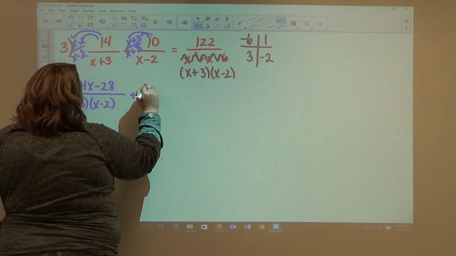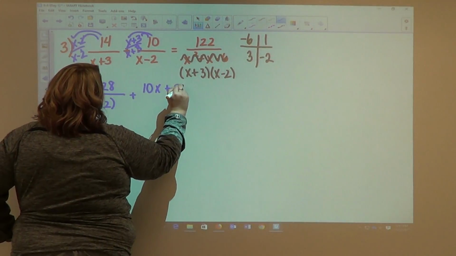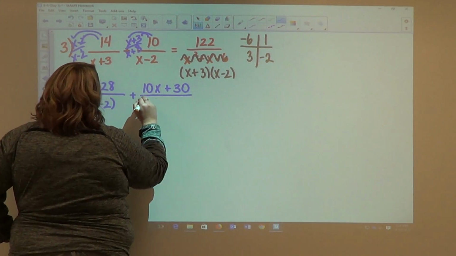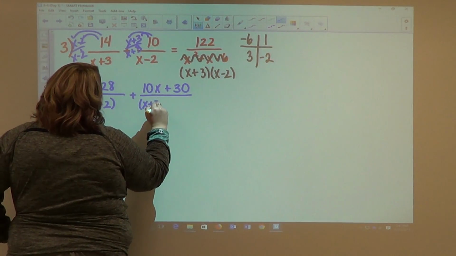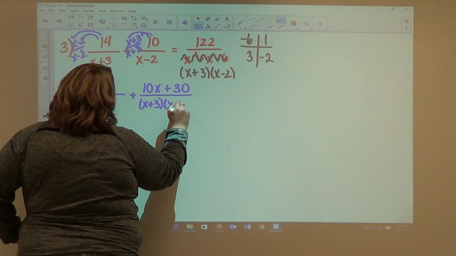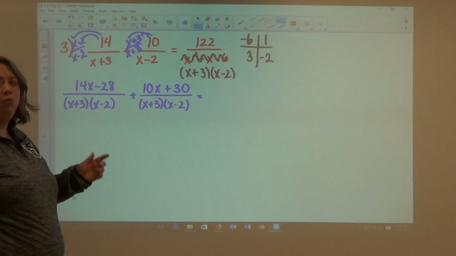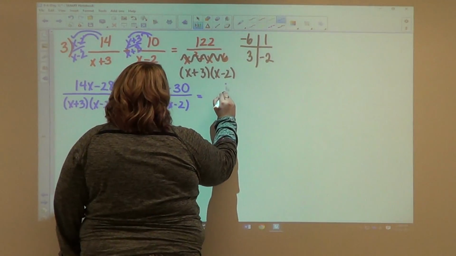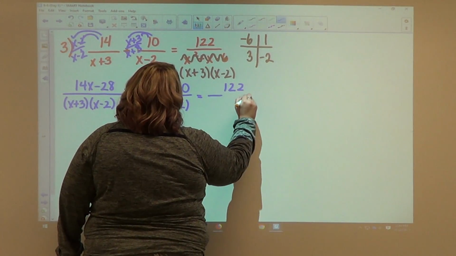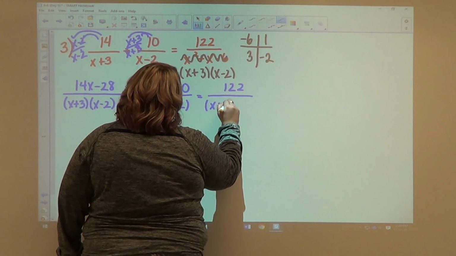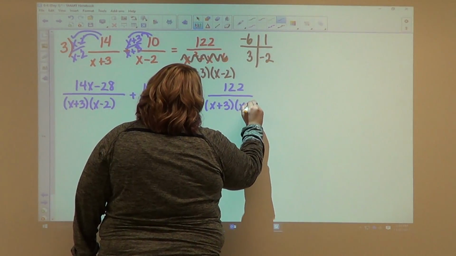So this would be 10x plus 30 over x plus 3, x minus 2 equals, okay, the right hand one we didn't have to multiply anything by, so that one just stayed the same, 122 over x plus 3, x minus 2.